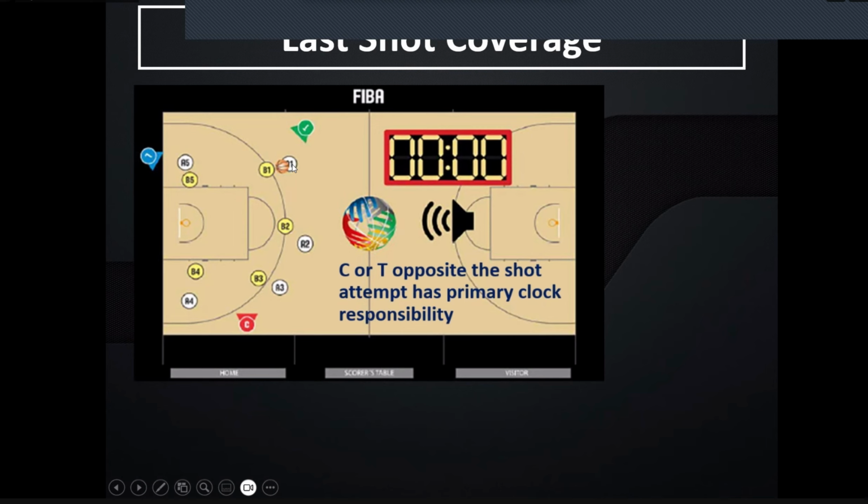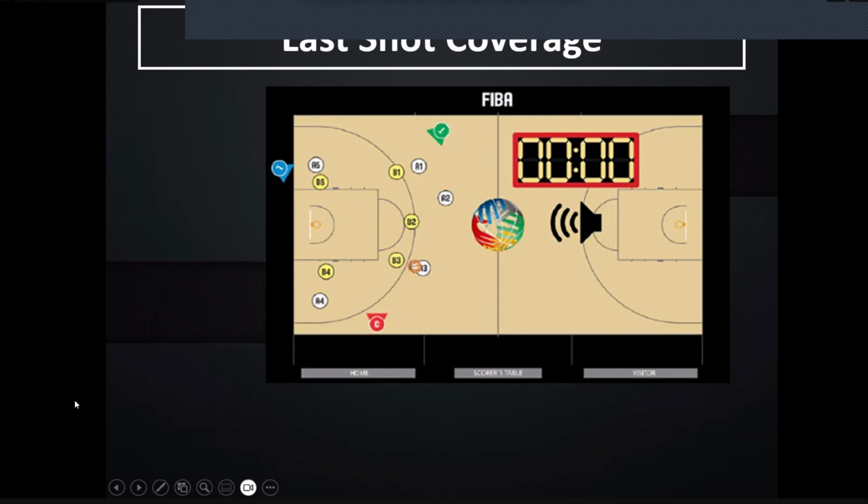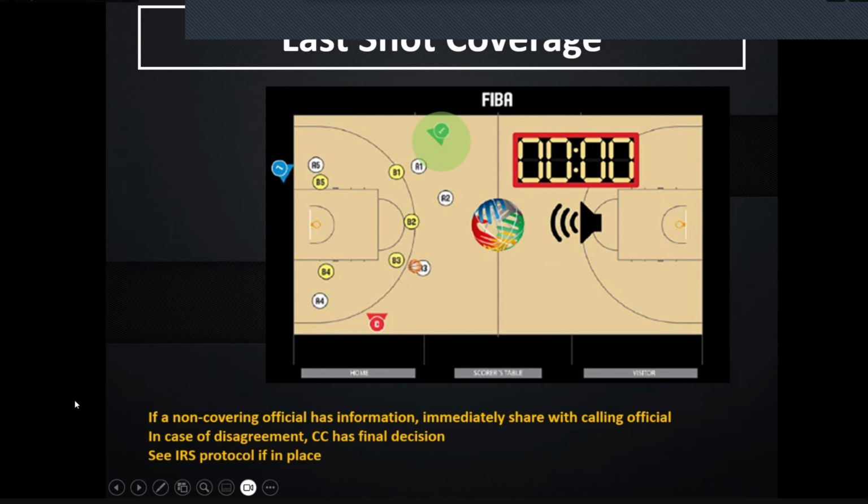Kind of counterintuitive, this official has primary responsibility for shot clock. And vice versa. If you have to get together, immediately share the information.